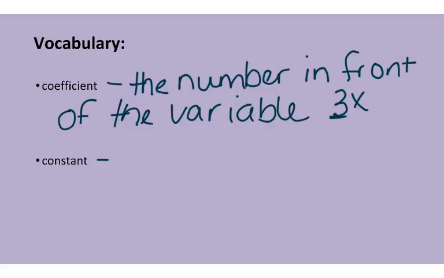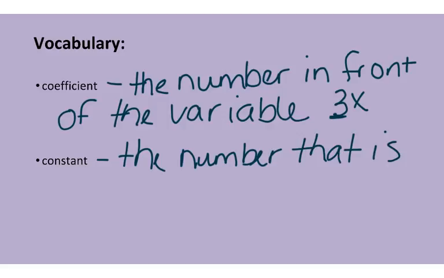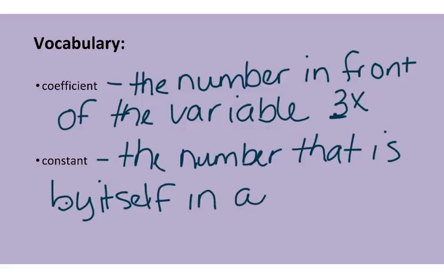The second word is the constant. The constant is the number that's all by itself in an equation. Okay, so coefficient goes with the letter, constant's all by itself.